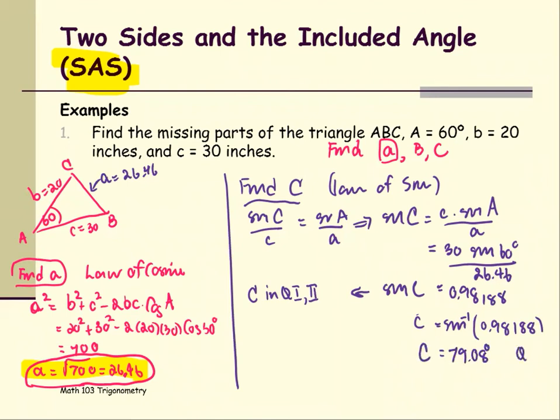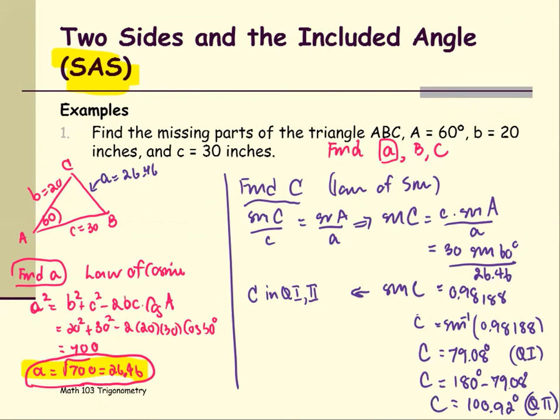This one is in quadrant 1. For quadrant 2, C is 180 degrees minus 79.08 degrees, which is 100.92 degrees. So this is the second solution.